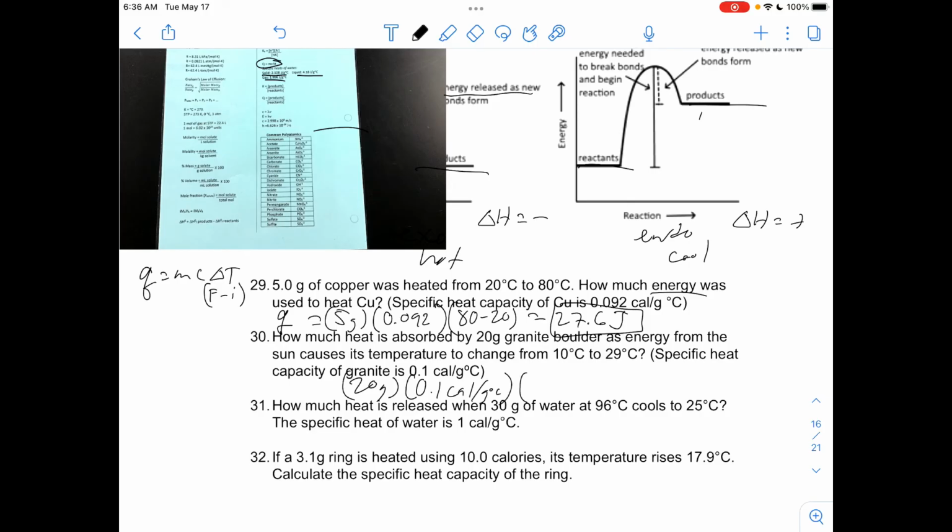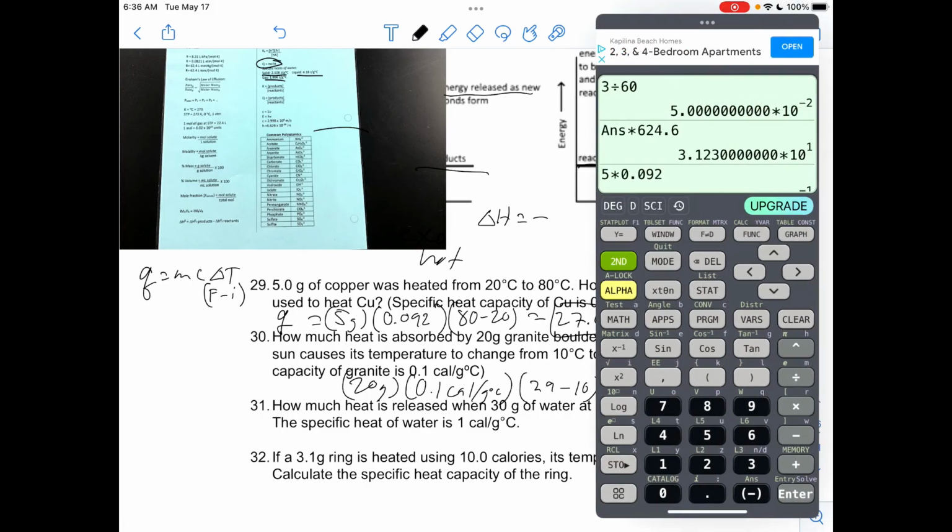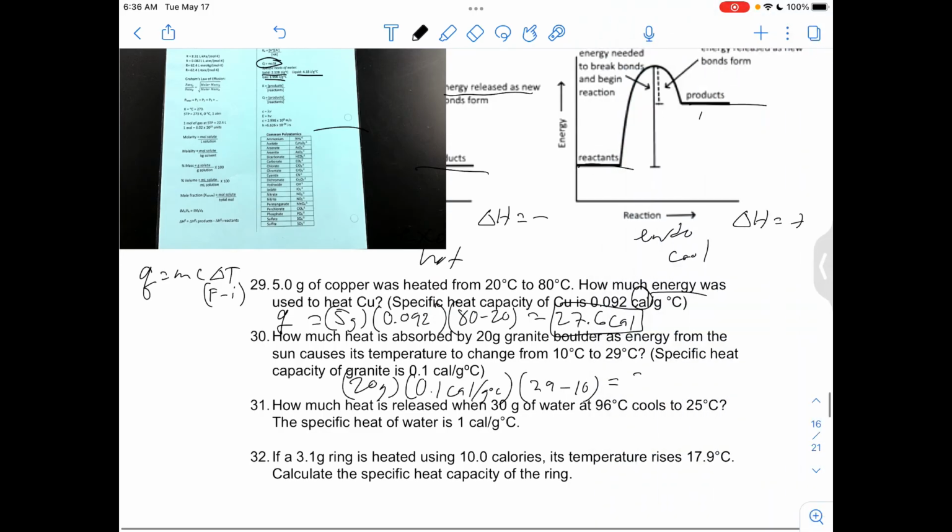That's important, the calories. 29 minus 10. Actually, I messed up on the last one too. Since it's in calories, I'm going to end up with calories, not joules. So I have 20 times 0.1 times 29 minus 10, and that would be 38 calories. And these are small calories.